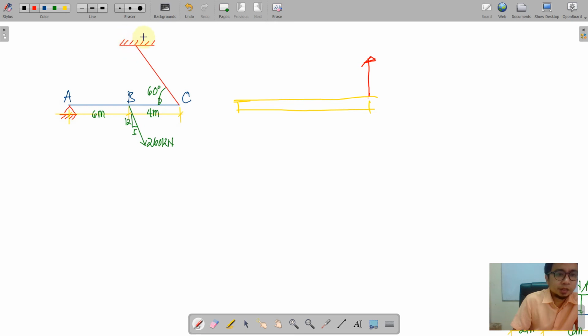If this is CD, therefore this is CD sine of 60, and this is CD cosine of 60. And then we have here the components also of 260.